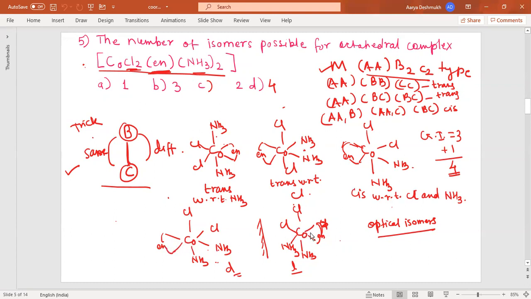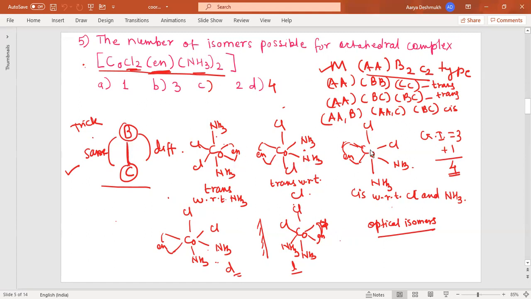It can't be cut into two equal halves. So this will show optical activity, this isomer with respect to Cl and NH3. This trans will not show optical activity because it has a plane of symmetry. If you cut like this, you will get two equal halves, or rather you can cut this way, this is more correct, or this way also. Okay, so both of them have a plane of symmetry.